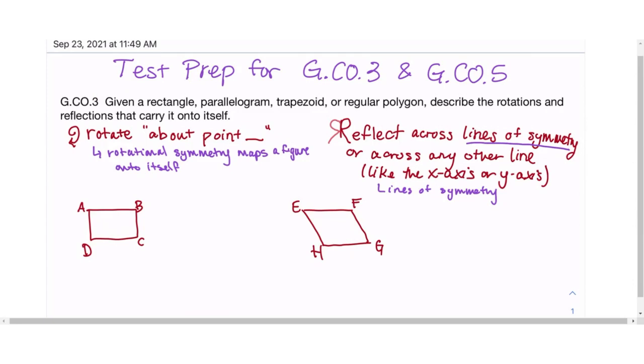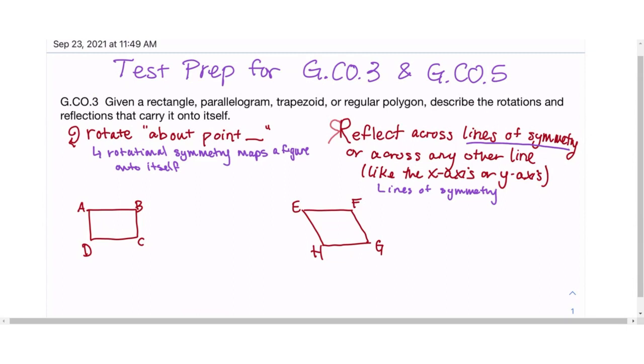Okay, if you are on pace with where you should be in this class today on September 23rd, what is due is workbook 9.3. Workbooks 6 through 9 in Unit 2 cover the standards G.CO.3 and G.CO.5, and you will have little tests, one that covers G.CO.3 and one that covers G.CO.5.